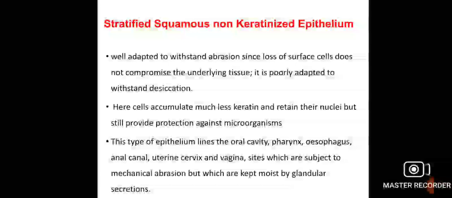Here, cells accumulate much less keratin and retain their nuclei, but still provide protection against microorganisms. This type of epithelium lines the oral cavity, pharynx, esophagus, anal canal, uterine cervix, and vagina. These are sites which are subjected to mechanical abrasions but which are kept moist by glandular secretions.